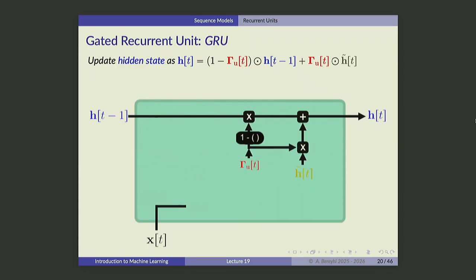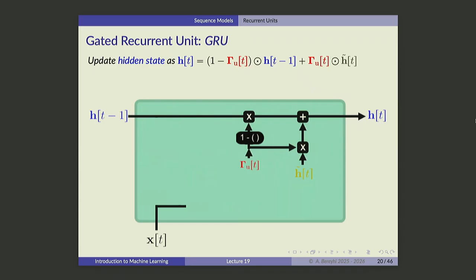Now, if I keep this update gate totally open, so I set it to be 1, what's going to happen? What would be HT? If the update gate is 1, then this 1 minus update gate is 0, right?